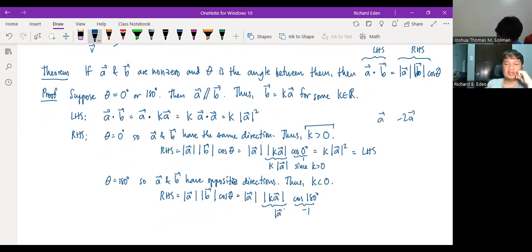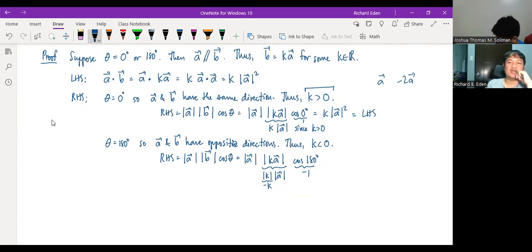So length of A, and then it's the absolute value of K. But because K is negative, then that means the absolute value of K is -K. And so now what? We have length of A, -K, length of A, -1, but -K and -1 end up being just K. And then we have the square of the length of A, which is the left-hand side.